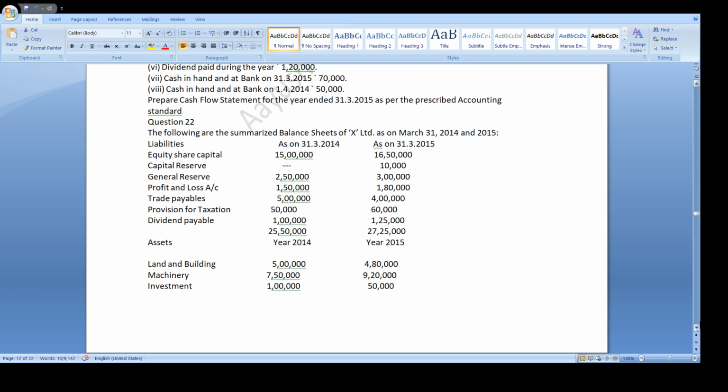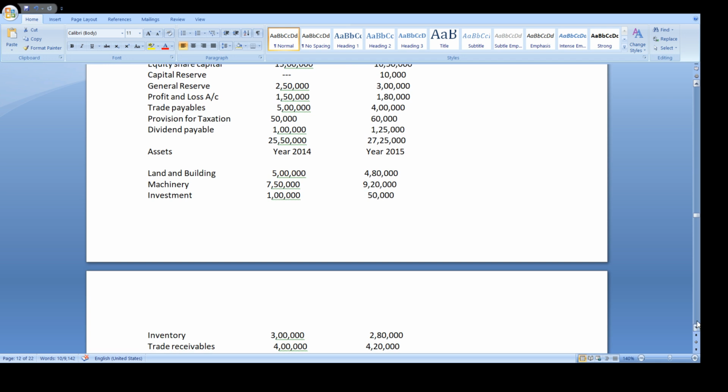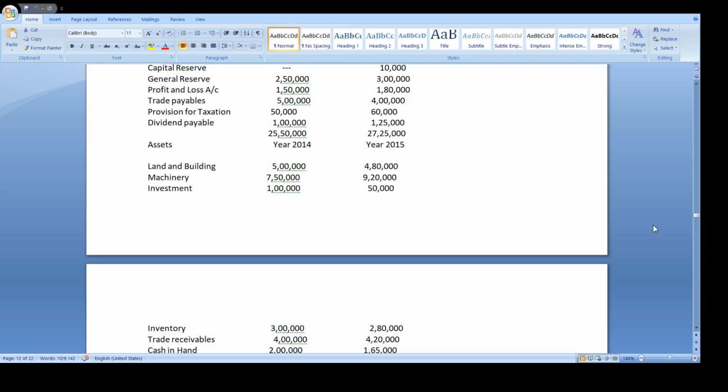But if you want, you can refer to your study material, your RTP, MTP, for further questions of CFS. It is an easy topic, and it is a scoring topic.